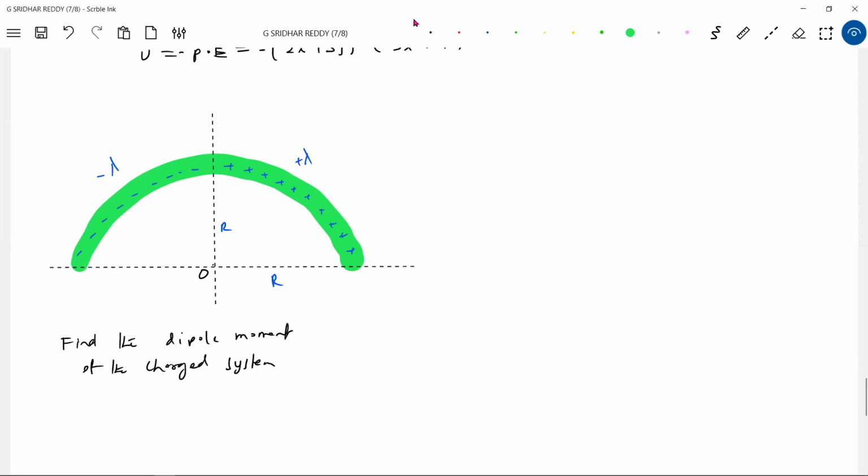I'll give 3 minutes because it's related to integration, so a student has to put in effort. Take your notebook and pen and try to work it out.